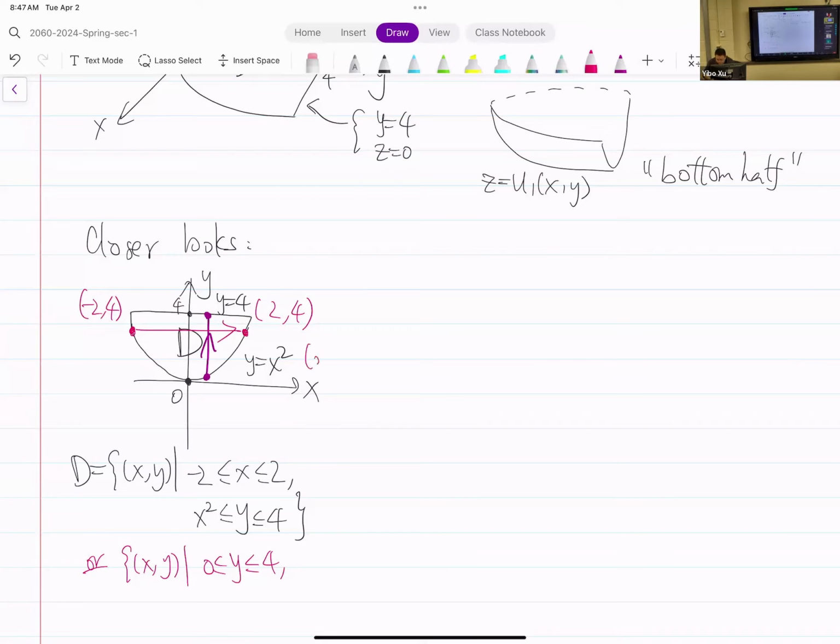So my x value is plus or minus square root of y, right? So solving the parabola equation to get the solution for the x coordinates. So the x is cut between negative square root of y and positive square root of y. So either way, it's going to give you the description for the region D.